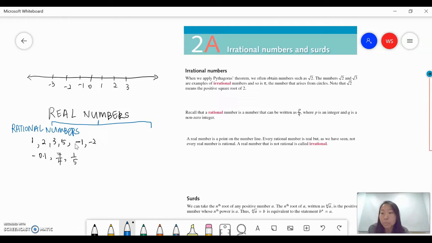It can be expressed as a fraction, right? So let's say, for example, they can be written as, and I'll give you an algebraic term, P over Q, right? So usually it's something over something as you express that.